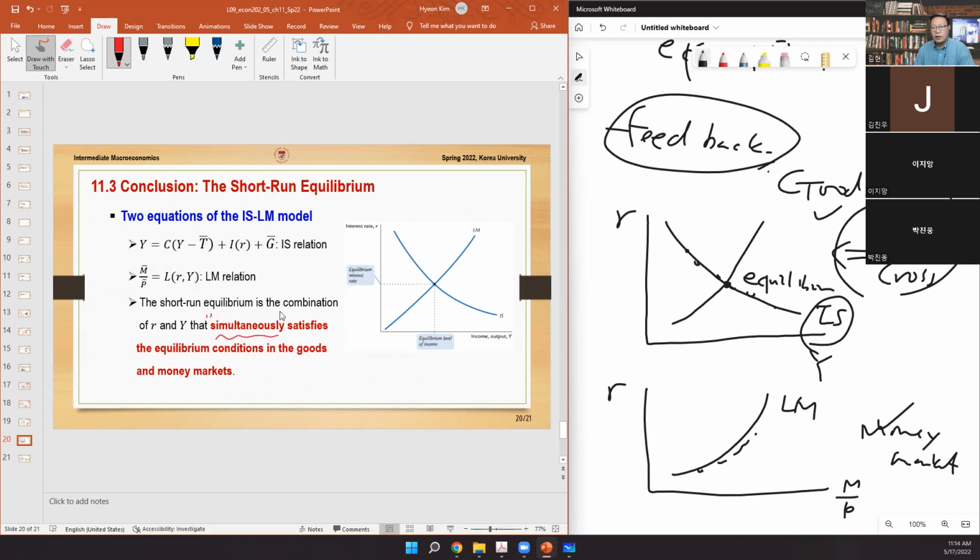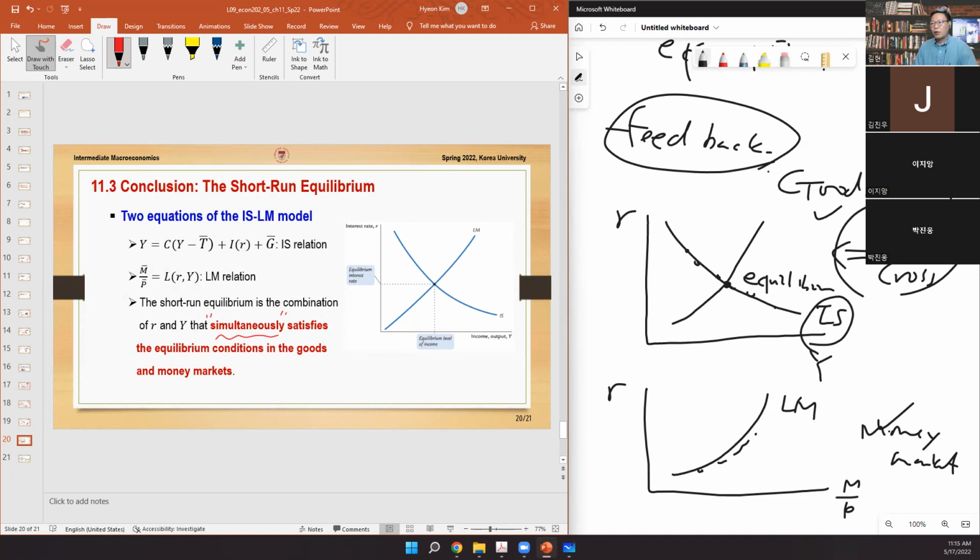Simultaneously, this is important. Initially, the IS curve means several different equilibrium points, several combinations of equilibrium points in the goods market. And all points on the LM curve are also equilibrium points in the money market.